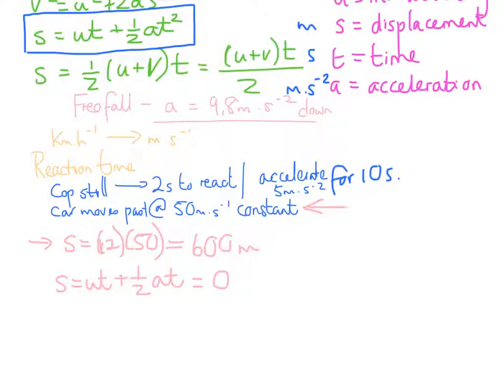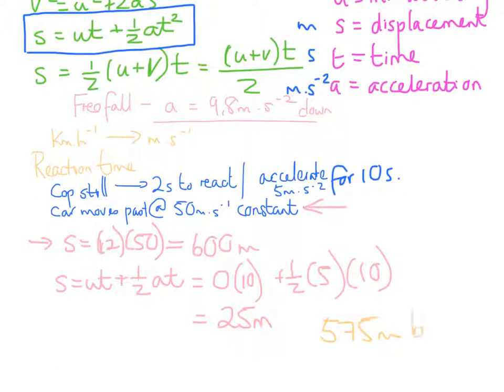His time is 10 seconds, a half, his acceleration is 5, 10 squared, and we land up with the fact that by that stage he will only have traveled 250 meters. That means there is still 350 meters between them.